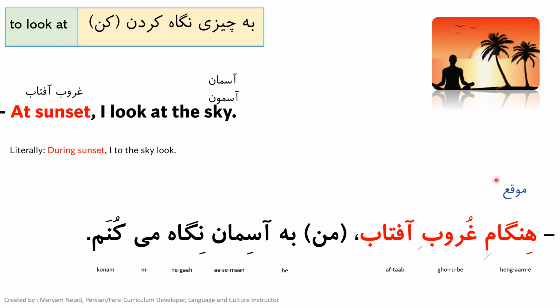Again, we can also say موقع. موقع is more used in the spoken language, and هنگام is more used in the formal written language. And then we said in the spoken language, آسمان is pronounced آسمون. So this sentence in the spoken language is pronounced موقع غروب آفتاب به آسمون نگاه می کنم.